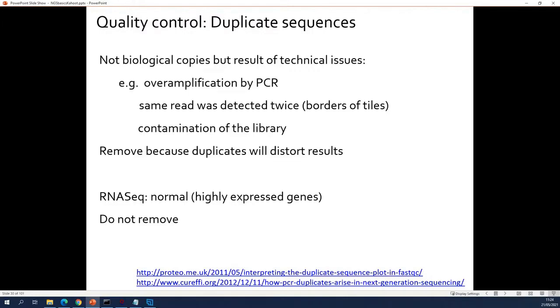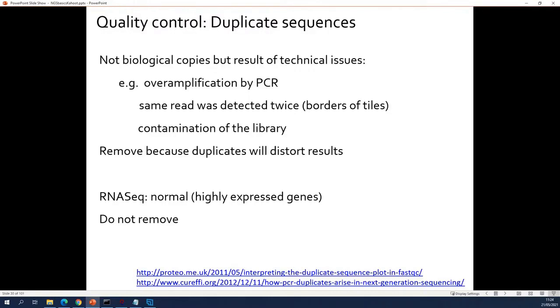And the same thing is true for ChIP-seq. In ChIP-seq, at some point, you're going to count. You're going to look for reads that occur more in your ChIP sample than in your control sample. That's counting. Also there, you don't want to include technical duplicates.